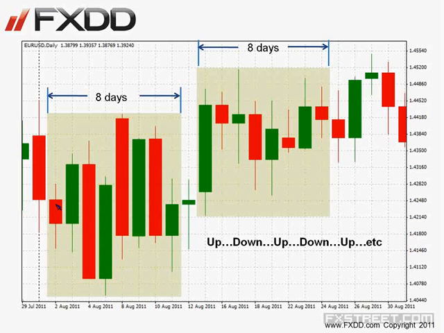You do not have to be an expert to see that the market is very uncooperative. We have a red candle, that means the market was down. We have a green candle, that means the market was up from the previous day. We have a red candle, the market was down. We have a green candle, the market was up. A red candle, down, green, up, red, down, green, up. That's 8 days in a row, up, down, up, down, up, down, up, down.